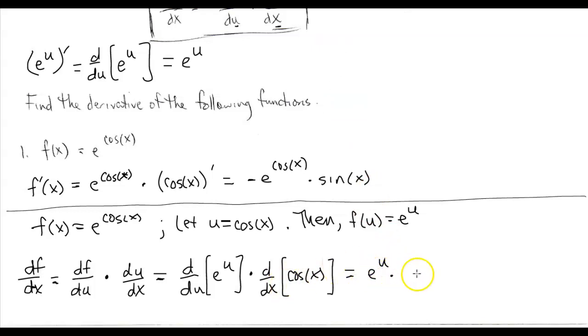We can multiply that times the derivative of cosine x with respect to x, which is minus sine x. Okay. So this would be minus e raised to the, and if you remember, u is cosine x. And then we multiply that times the sine x here. And so what you see here is that no matter how we do it, the derivative of the function ends up being the same.